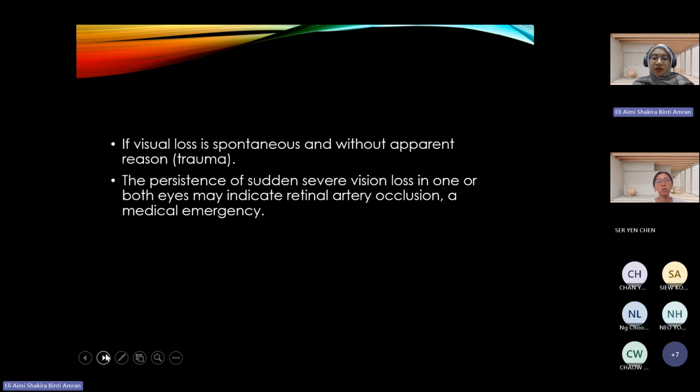That hassle can be avoided at primary eye care. If you think the patient needs to see neuro, go straight to neuro. If you think the patient needs an ophthalmologist, then ophthalmologist. We also have neuro-ophthalmologists, but again, not many. We have one in Sunway, and the rest are in government, PPUM and UKM. Only 2 to 3 neuro-ophthalmologists in the country; you can Google who they are, so you can refer to them straight away.